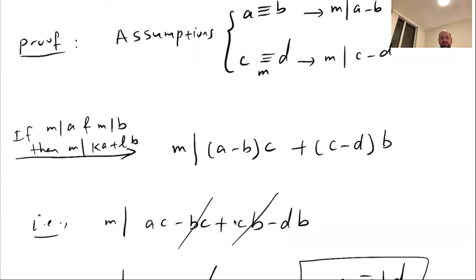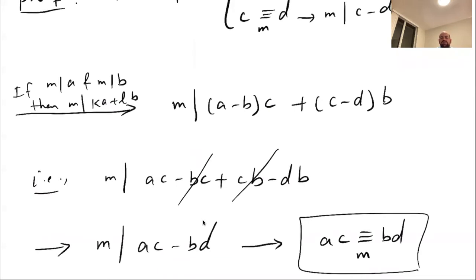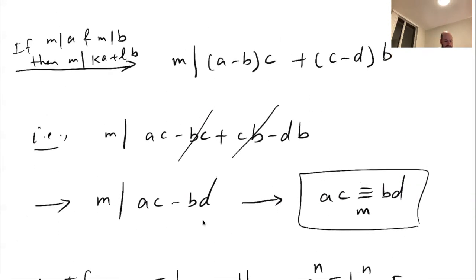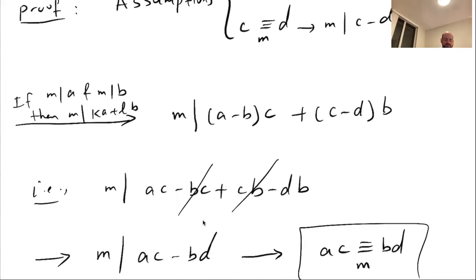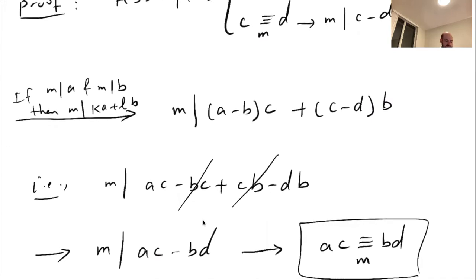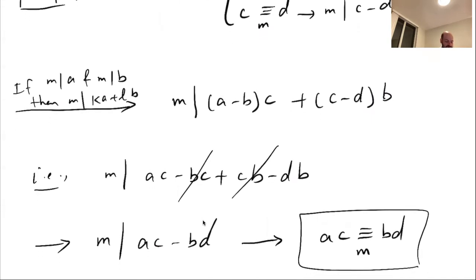And the good news is BC will cancel with BC, and I'll get M divides AC minus BD. And this means AC and BD are congruent mod M, right? If M divides AC minus BD, that means AC and BD are congruent. So if we have two congruences, then we can multiply left-hand sides together and right-hand sides together. This is what this property says, and we also proved it.